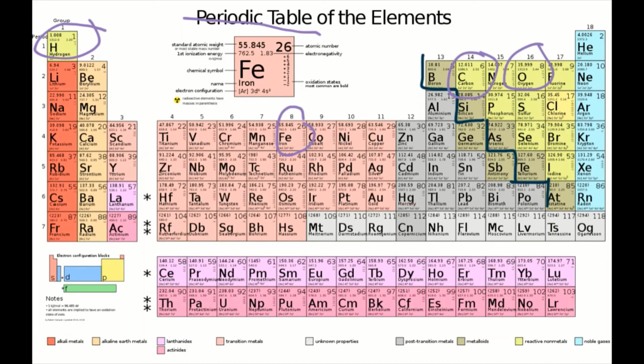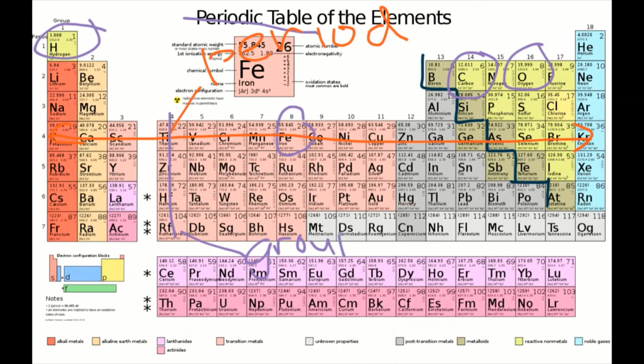So we are going to have rows. A row is called a period, so I'm going to write period. And a column, such as this column, is called a group or family.